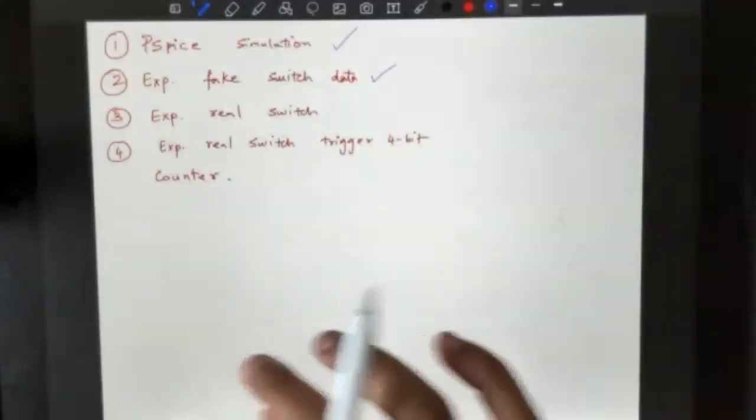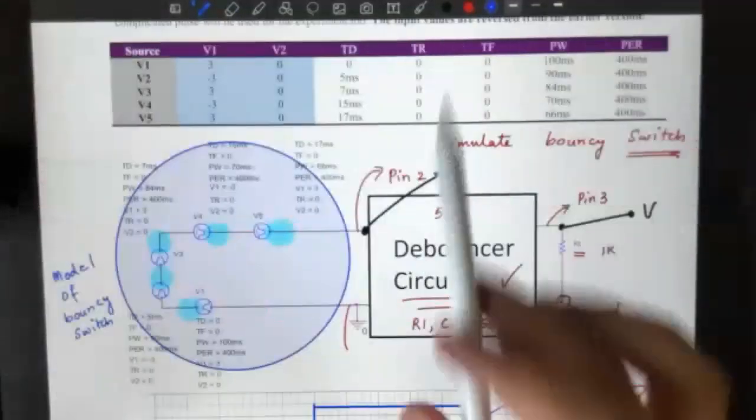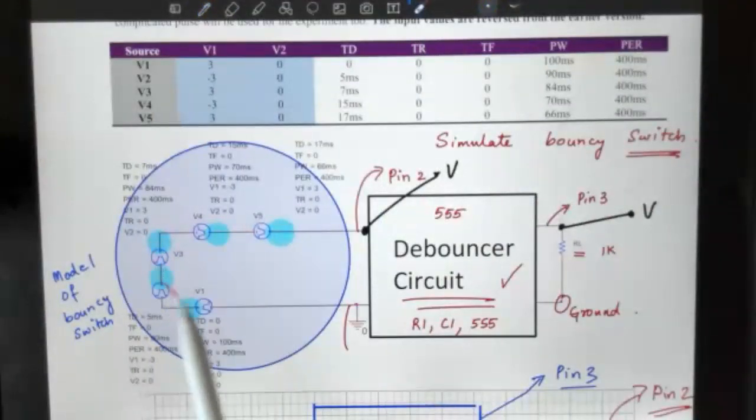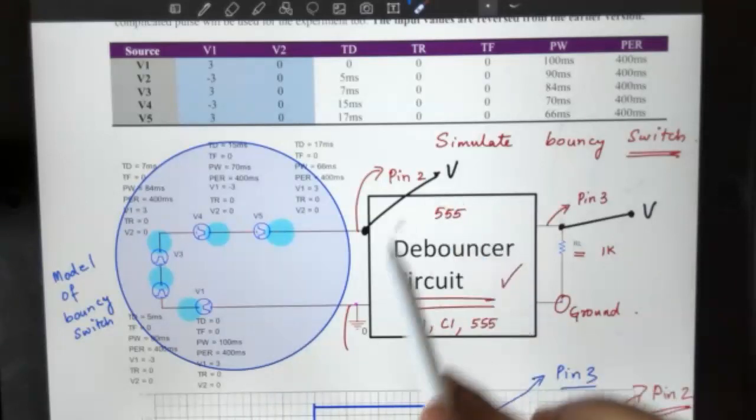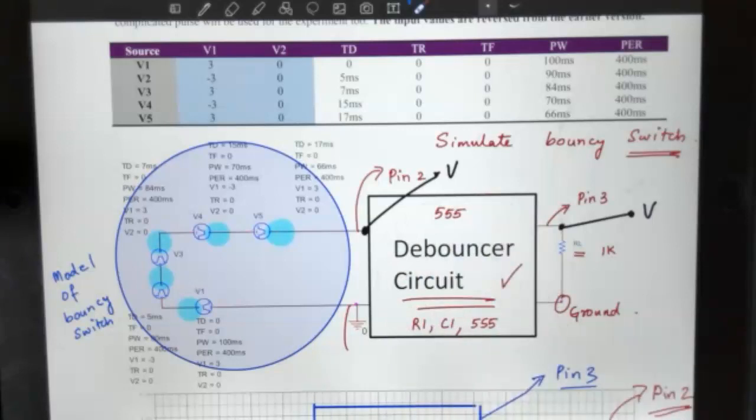On similar lines of using multiple voltage sources to model a bouncy switch, I can use the wave gen functionality of the Analog Discovery to make this voltage waveform, and then use that yellow wire to give that voltage to my debouncer circuit that I built on a protoboard.